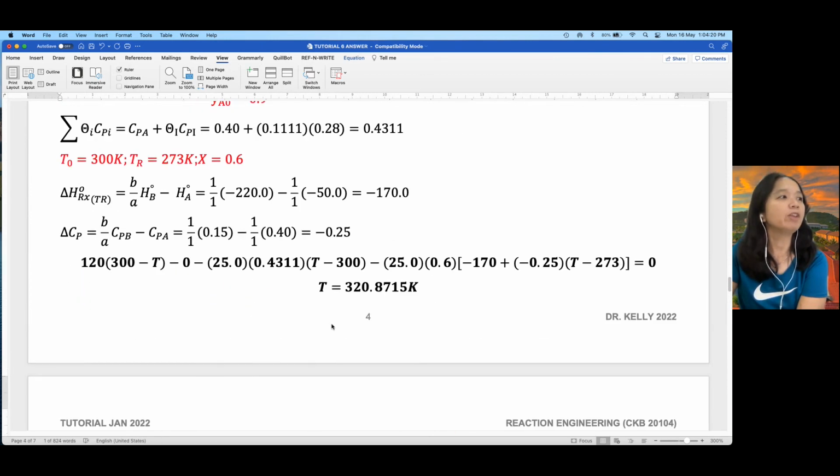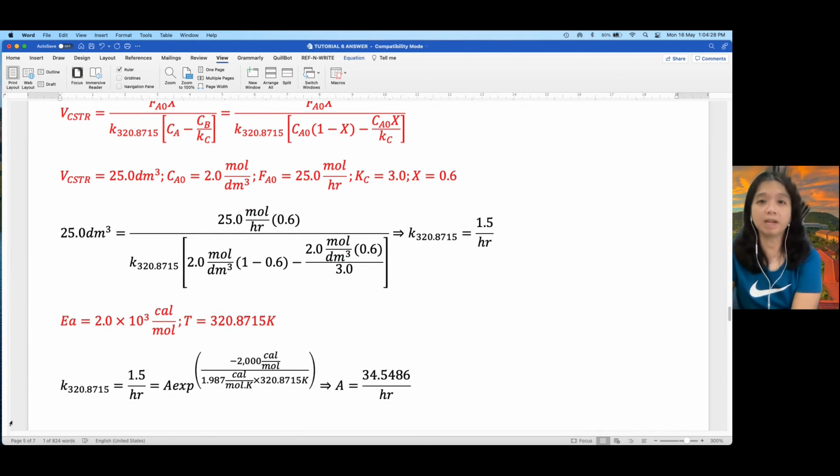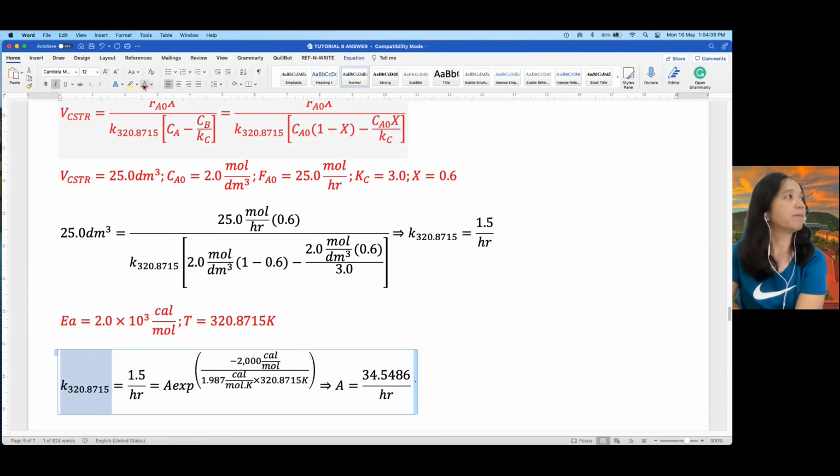Because the reaction temperature from part A we calculated was 327.15. So the K must be at the reaction temperature. So okay, done. This K, basically, we do not know. We know the temperature, but we do not know the value of K. So let's mark it red first. We know that this is what we don't know yet.